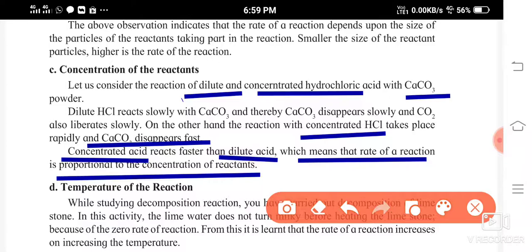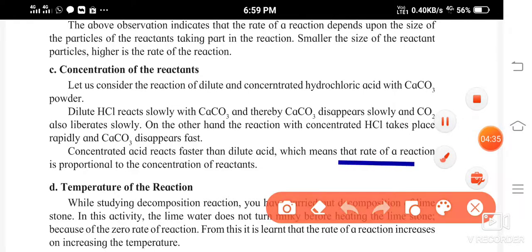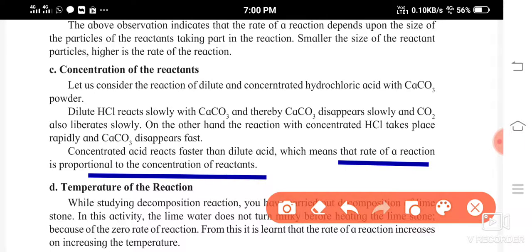So this is telling you that the rate of reaction is going to be directly proportional to the concentration of the reactants.